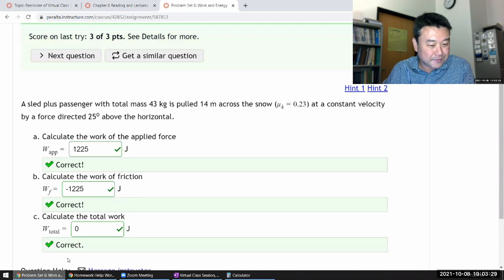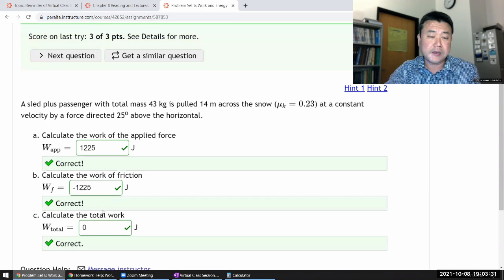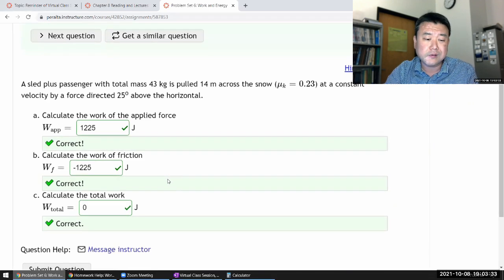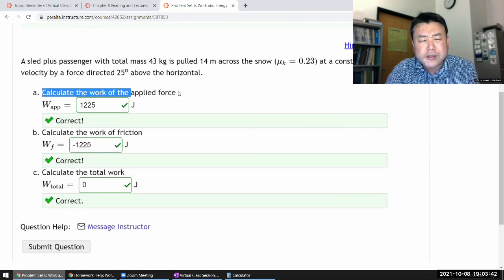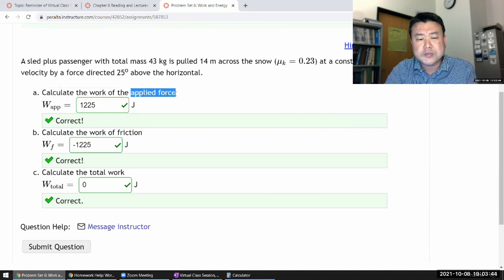So yeah, that should be it. And so this is really the hardest part of this question, doing that force analysis and figuring out the friction force or figuring out the applied force, figuring out the forces so that you can use that force to calculate the work done. Once you know the force, calculating work done is pretty simple.